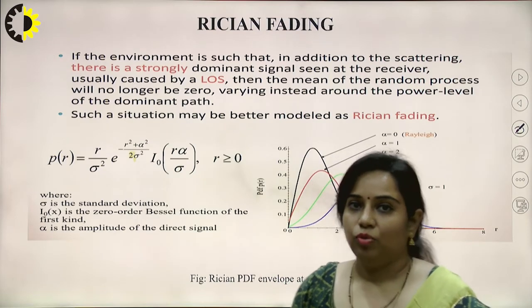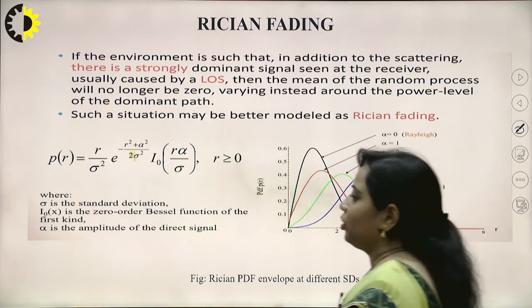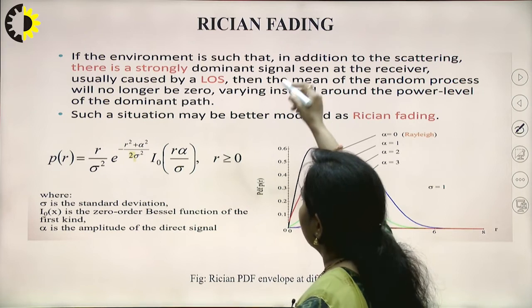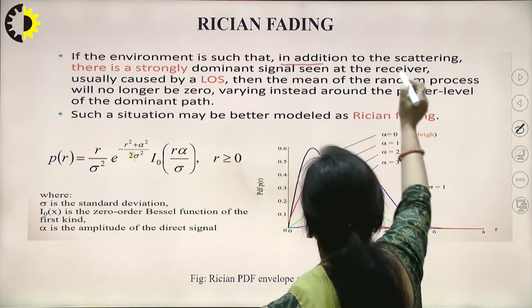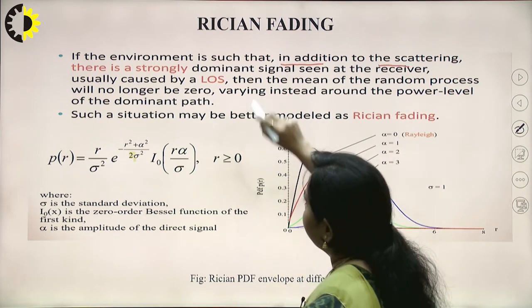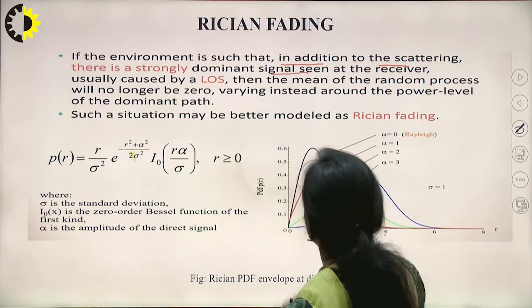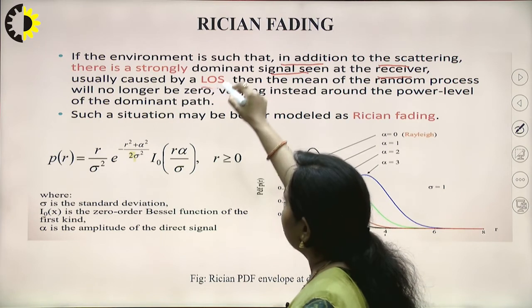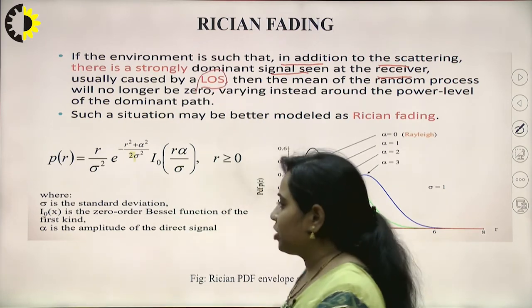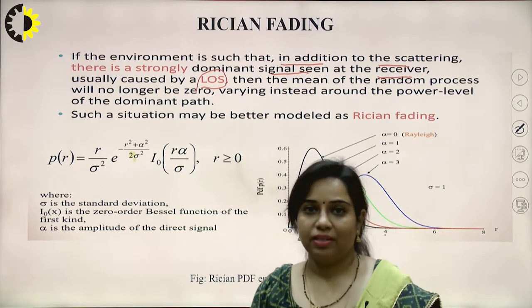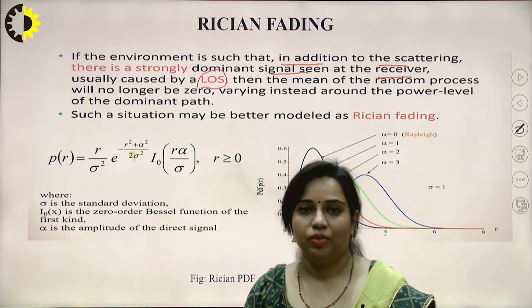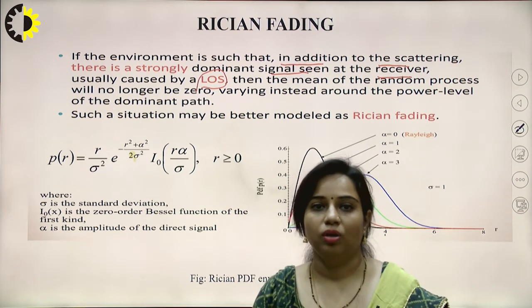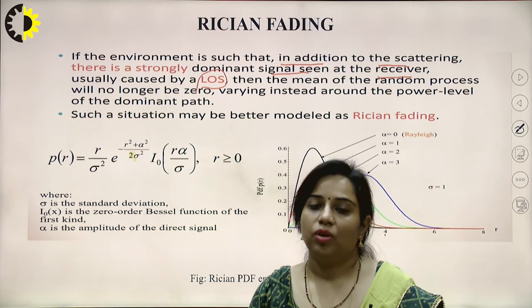Now next we will move to Rician fading, which will use the Rician distribution. If the environment is such that in addition to the scattering, there is a strongly dominant signal seen at the receiver side, usually caused by line of sight transmission, so when a line of sight is possible between the transmitter and receiver, the quality of the signal is strong.